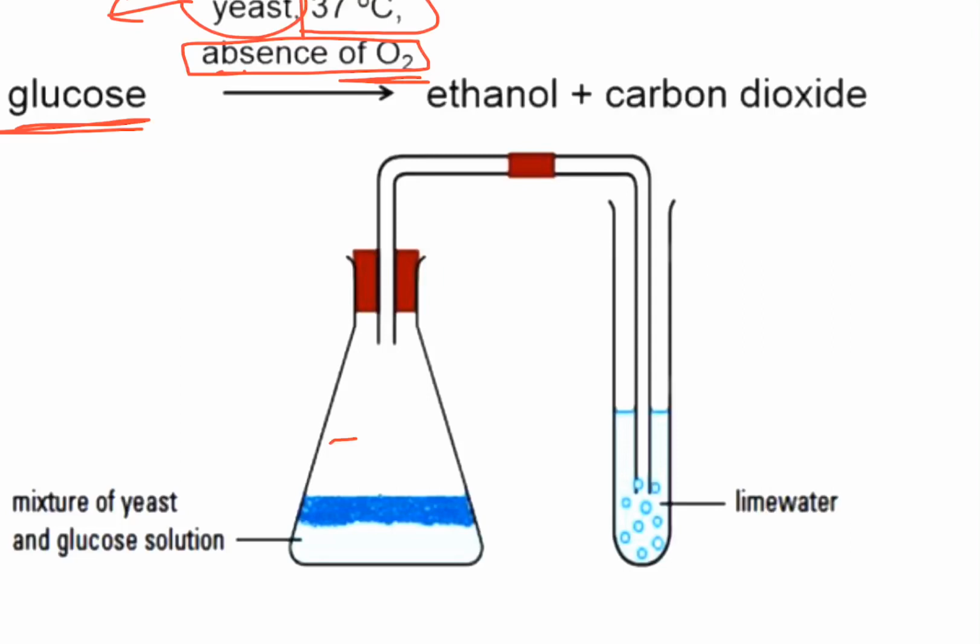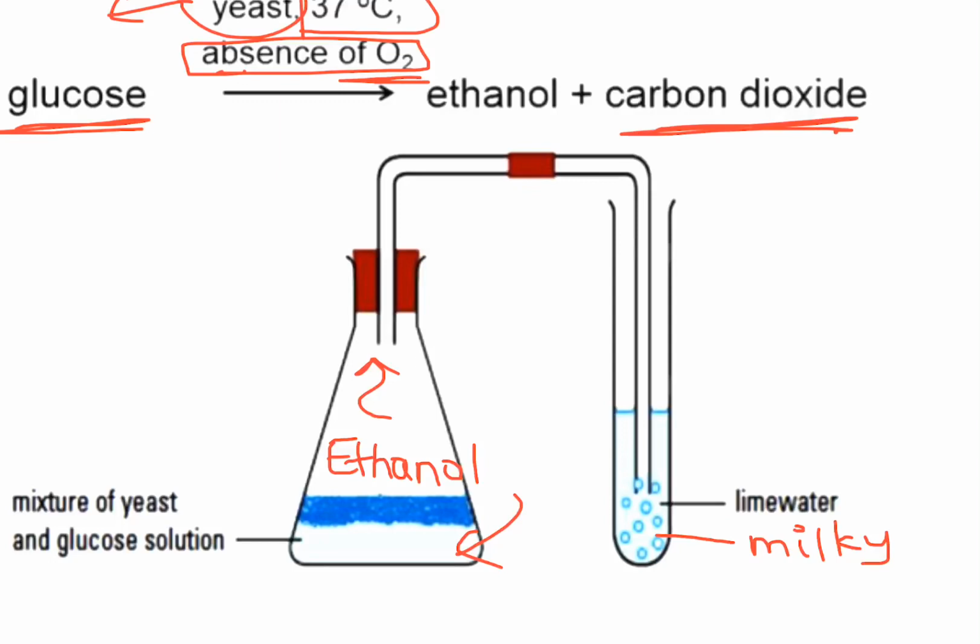During the reaction, ethanol is produced in solution and the carbon dioxide escapes. When you see the lime water turning milky, you know that carbon dioxide is being produced, which means there's going to be ethanol in the flask.